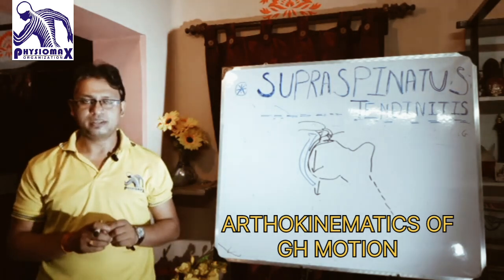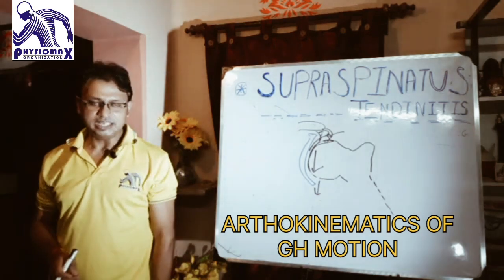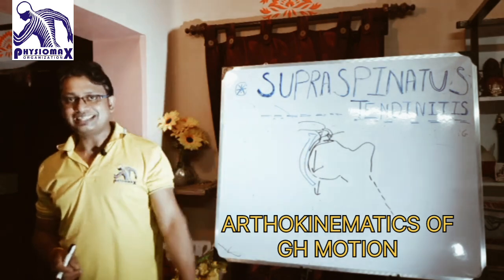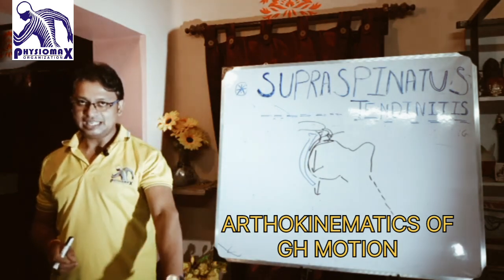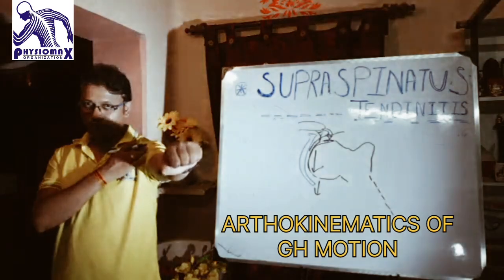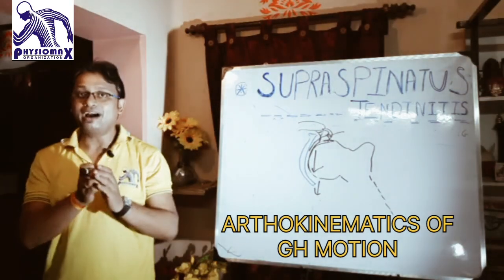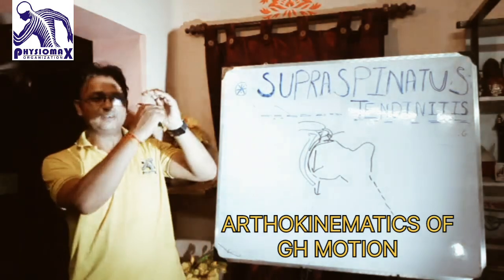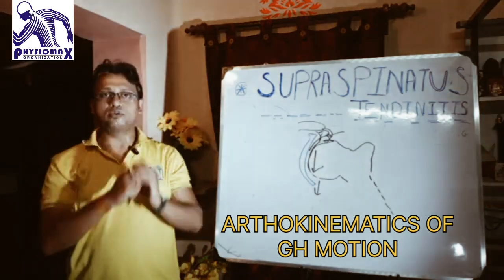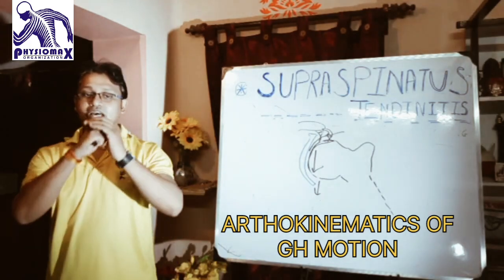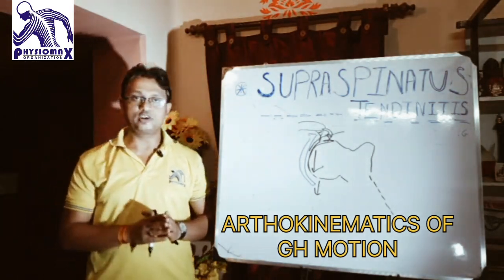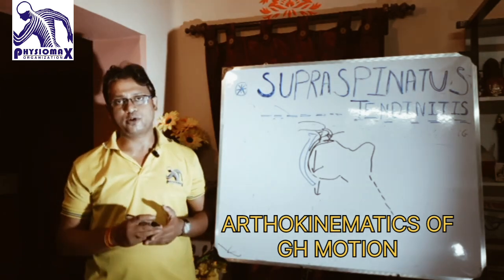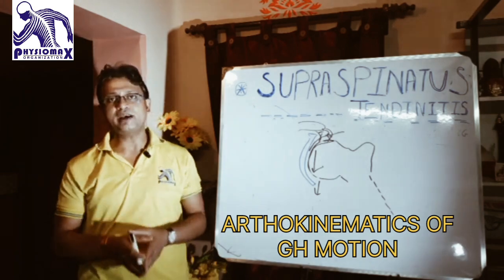Take an example. If I am lifting a weight in 0 to 90 degrees of pure abduction, this is easy to lift, but if you lift in this plane, which is the scapular plane, it is difficult. Why? Because in abduction, normally the head of the humerus rolls upward but slides downward, but in the scapular plane the downward sliding mechanism of the head of the humerus does not happen, and that reduces the subacromial space and creates a chance of impingement.